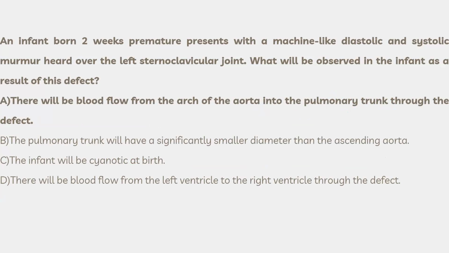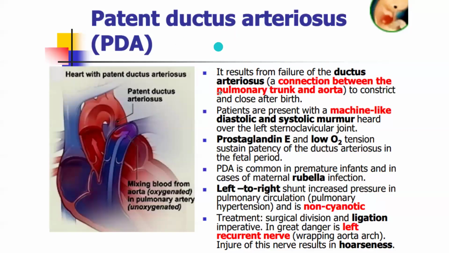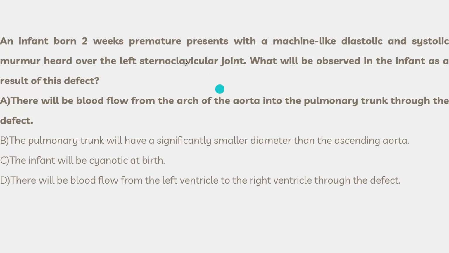It's a bit long, so you could write the shortened version of it. Okay, thank you. Patent ductus arteriosus. So it is indeed the patent ductus arteriosus. What gave away the question was the machine-like diastolic and systolic murmur. What's defective is the ductus arteriosus, which is a connection between the aorta and the pulmonary trunk.